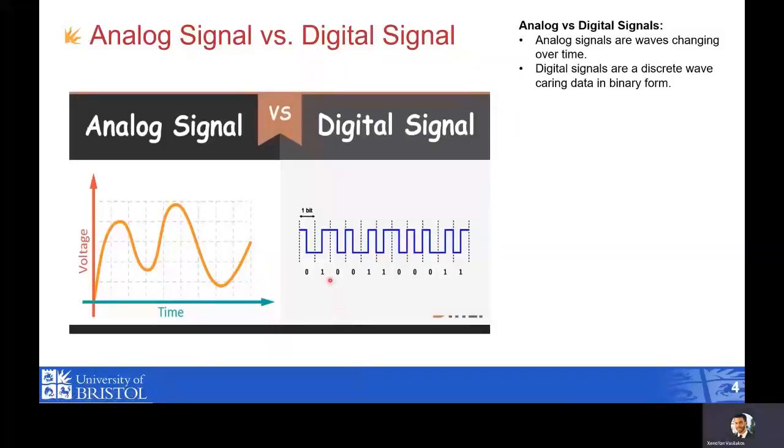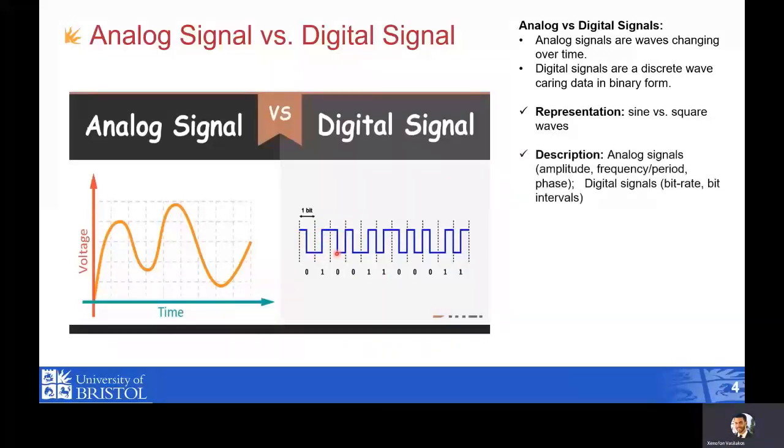Unlike that, what you see on the right is that a digital signal is just a set of discrete waves that carry data in a binary form. Now, regarding the representation, analog signals are represented usually by a wave that looks like a sine function. On the contrary, what you see here is more like a set of waves that look like squares.